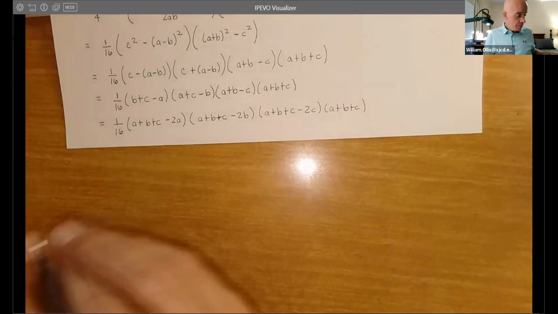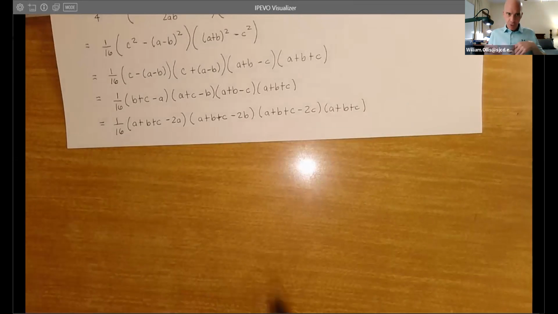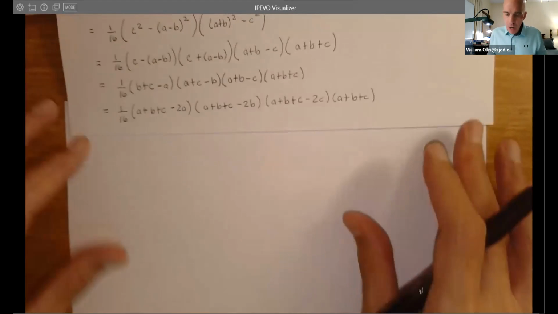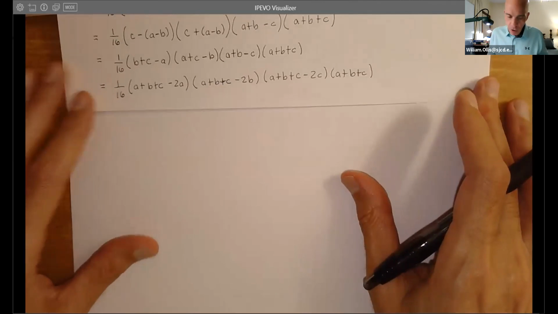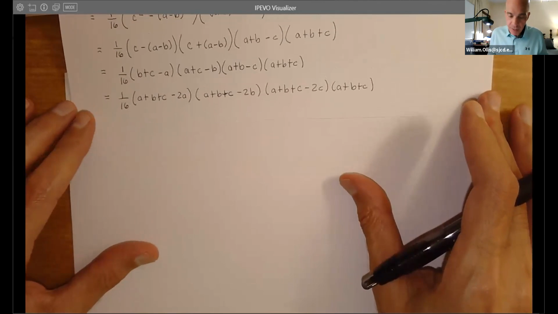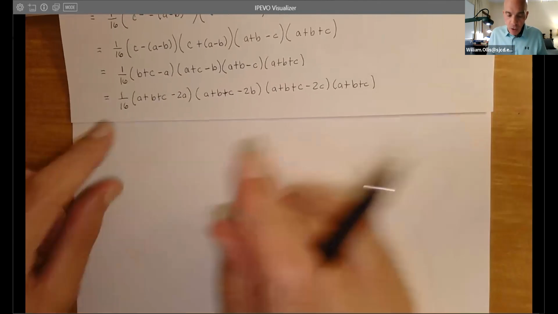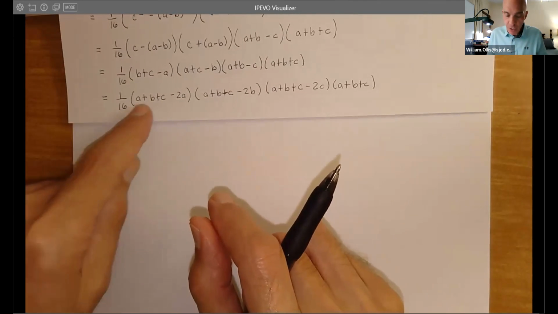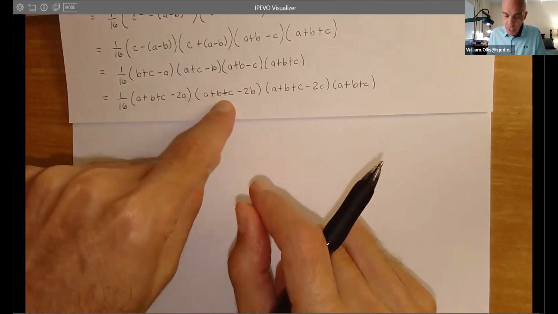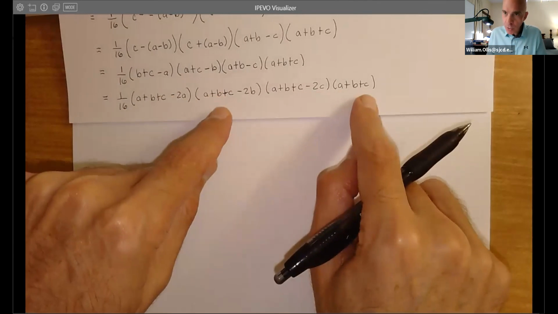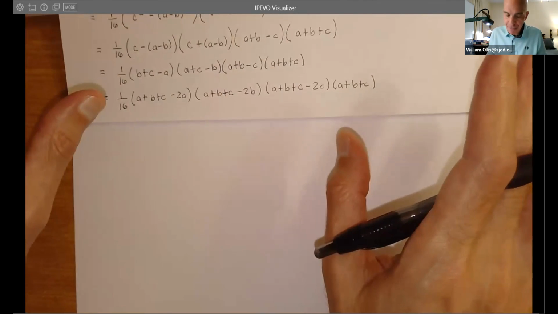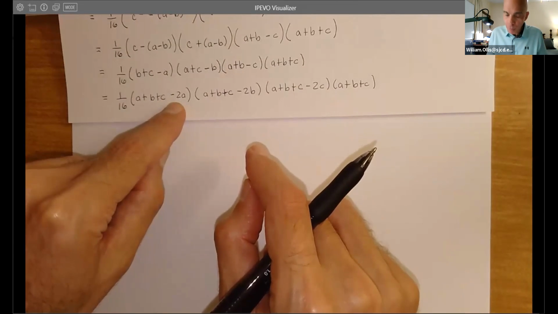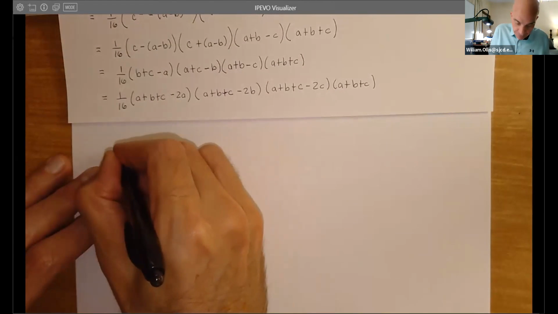So now you're like, oh, okay, I get it. And now what we can do to finish this off, and then we'll do an example of this, we see that we've got 4 copies of 2 here. So if we bring the 2 under here, a 2 here, a 2 here, and a 2 here, which gives us the 16, we'll get the semi-perimeter, and the 2 here will absorb. So now what do we get?